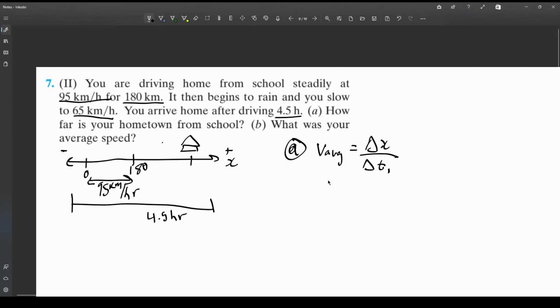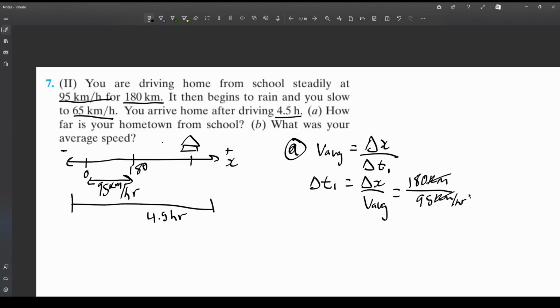So with this equation, what we'll try to solve for is t, so time. Delta time is equal to delta x over v average. And over the course of the 180 kilometers, our average velocity was 95 kilometers an hour.